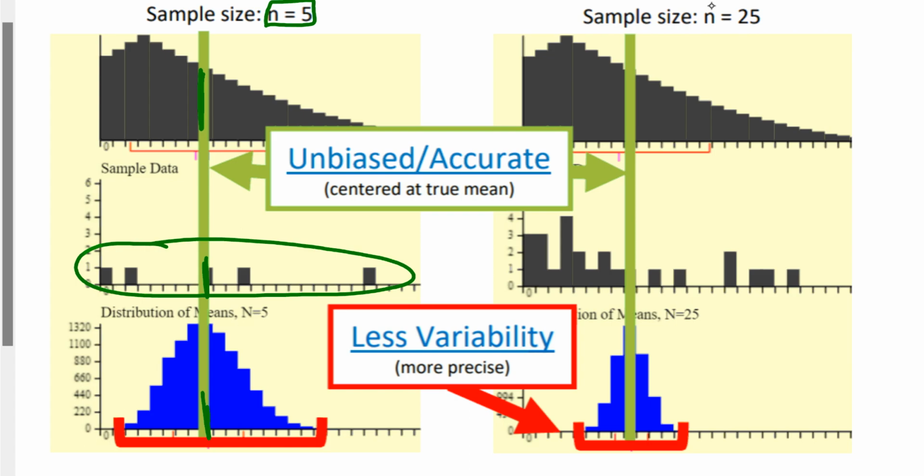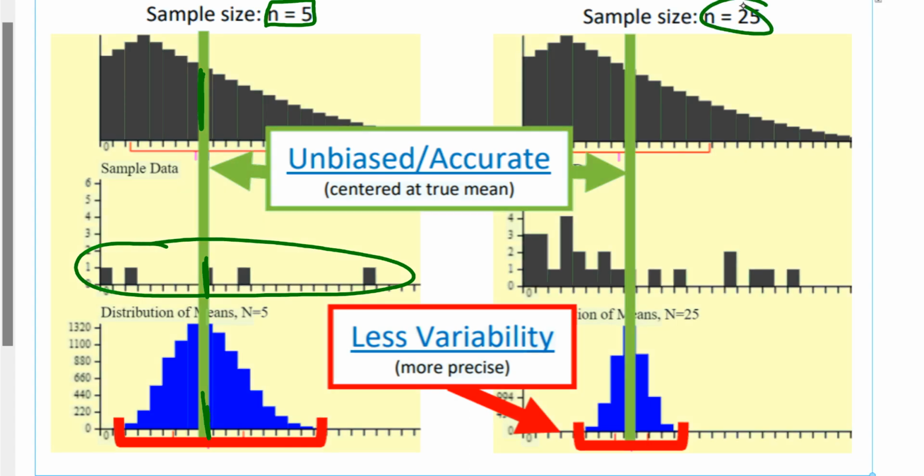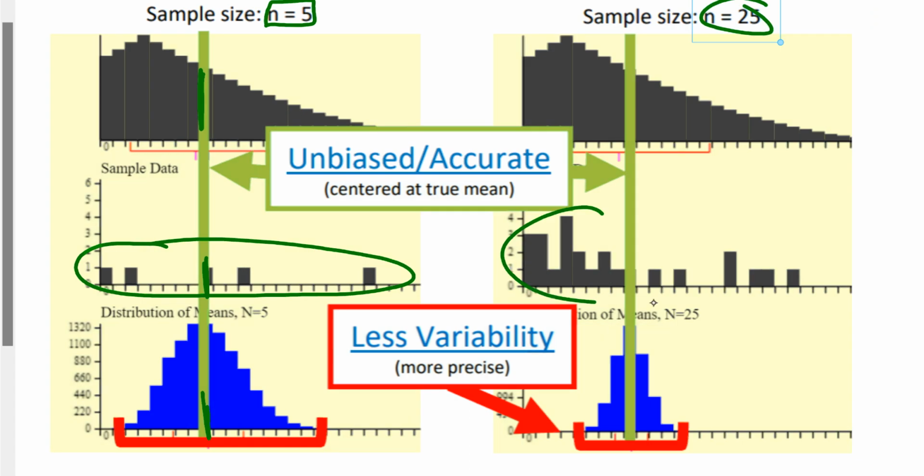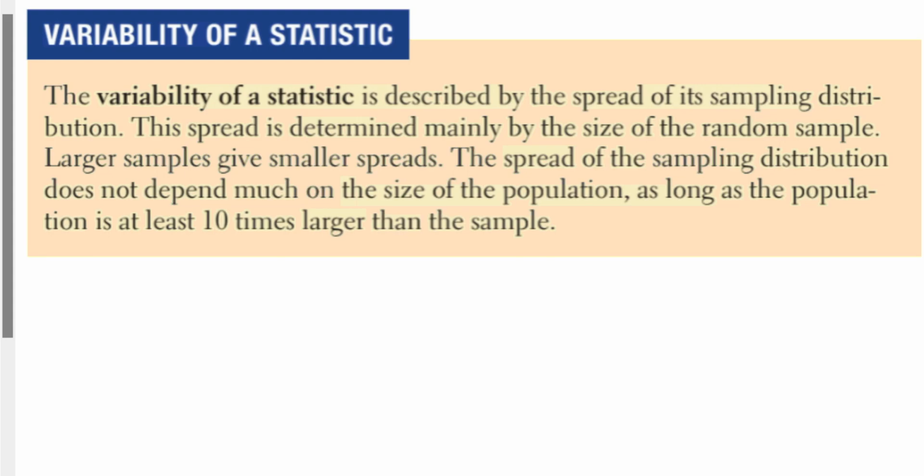So if we take a sample size of 25, well, what happens? It's starting to actually look more like what it should look like based on the population. It still has the same center, but it produces less variability. You can see here less variability and starting to see the actual shape. So the variability of a statistic is described by the spread. We've talked about that before. And it's mainly determined by the size of the random sample. Larger samples give smaller spreads.